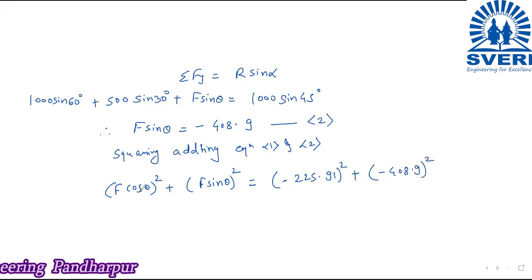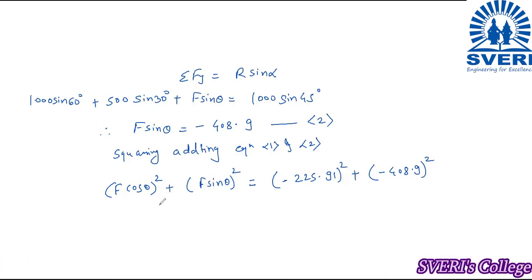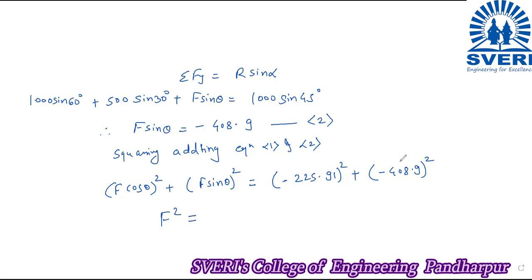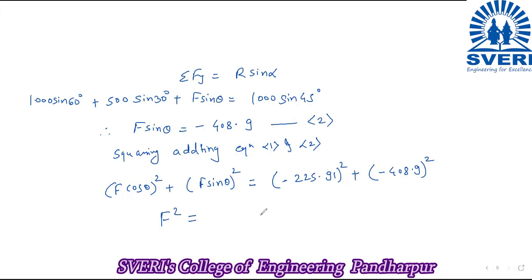So this will become F squared cos squared theta plus F squared sin squared theta. So cos squared theta plus sin squared theta is 1, you understand, no? So I will directly write here F squared. F squared is equal to, calculate this and let me know the value of F squared.